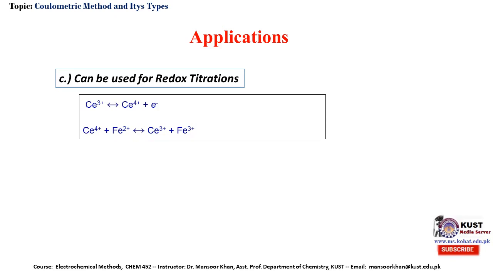Ce plus 4 is converted into Ce plus 3, and Fe plus 2 is converted into Fe plus 3. Ce plus 4 is a strong oxidizing agent; it is itself reduced to Ce plus 3, while it oxidizes Fe plus 2 into Fe plus 3.